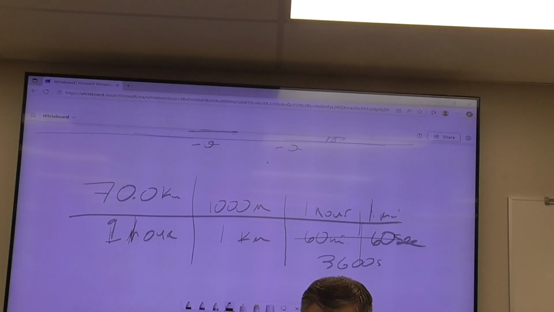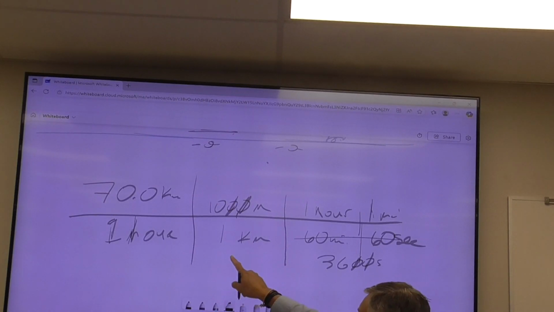Because you're multiplying by 1,000 and dividing by 3,600, you can lop off zeros. So to convert from kilometers per hour to meters per second, multiply by 10 and divide by 36. That's the same step every time.